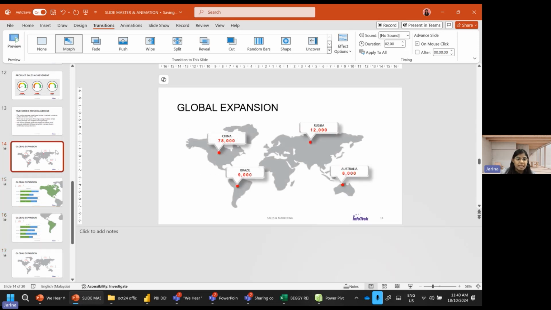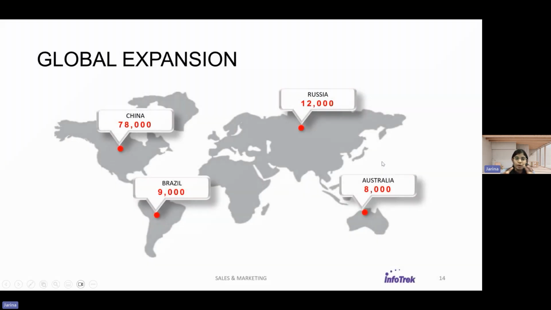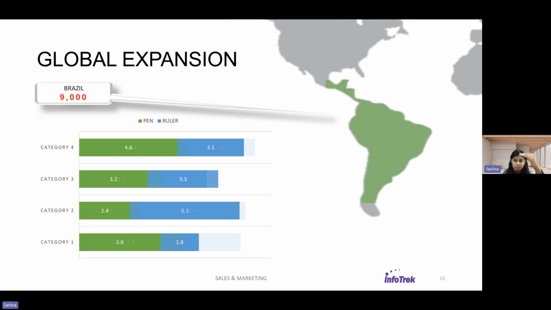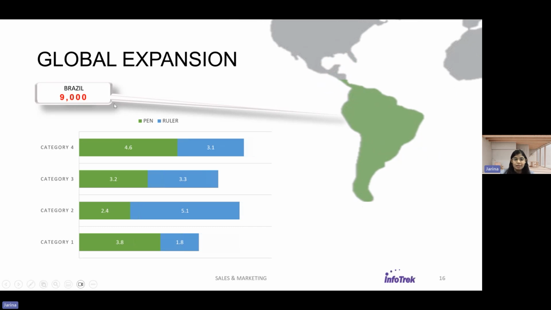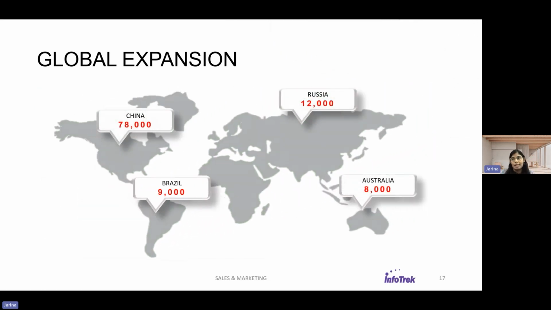So with that, when I go to the slideshow, first I'm showing overall global expansion. Then when I go next, you can see the zoom effect and then the wording will be shifted. And then from this zoomed picture, when I go to the next slide, it will move to the next area and change the content accordingly. Then finally, when I want to show everything, it will zoom out again.